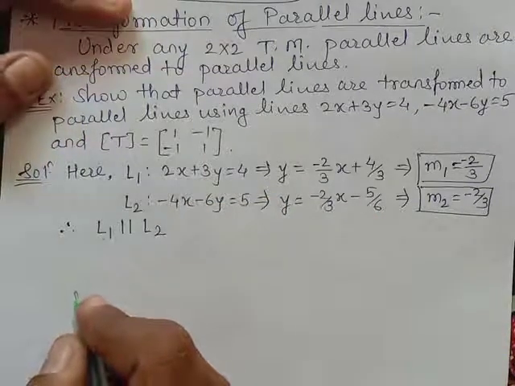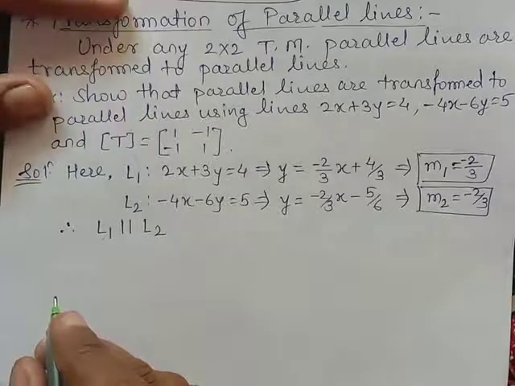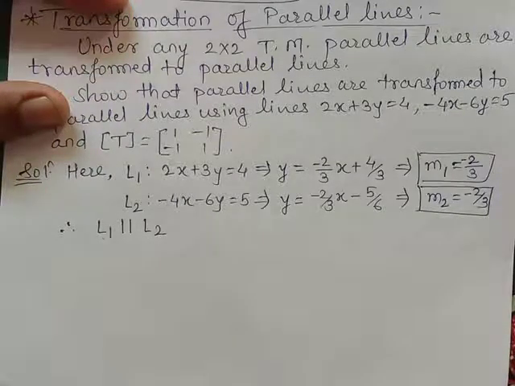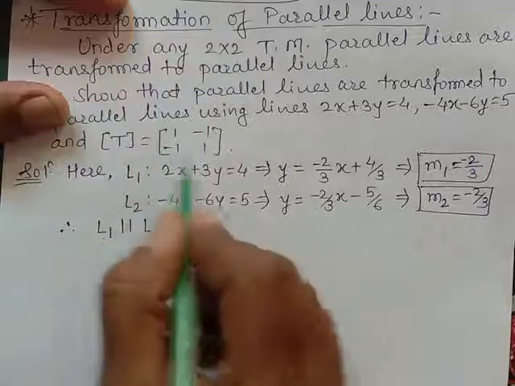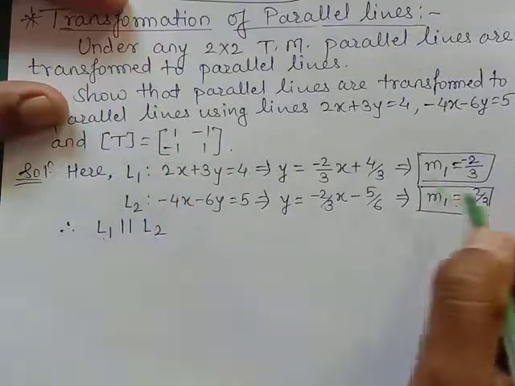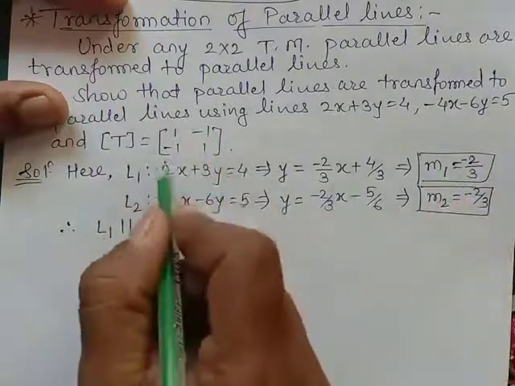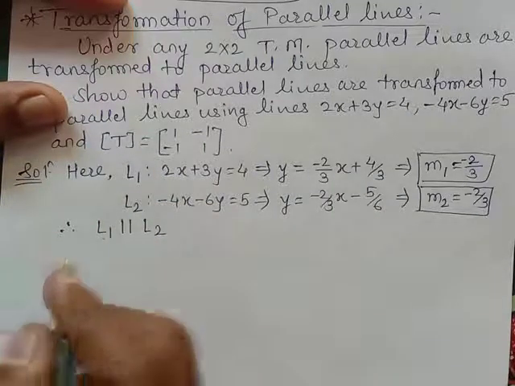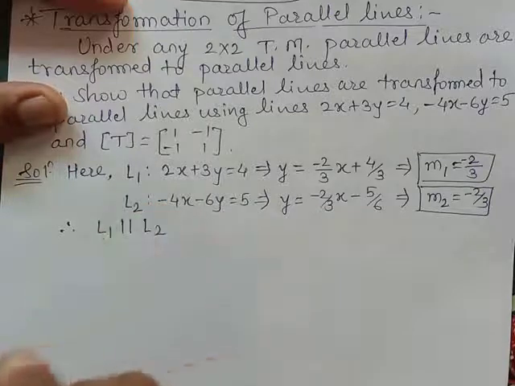Are they parallel or not? For that I can use a result for finding the slopes of L1 star and L2 star also. I have the slope of L1 and the transformation matrix. I can determine easily M1 star, that is the slope of L1 star.